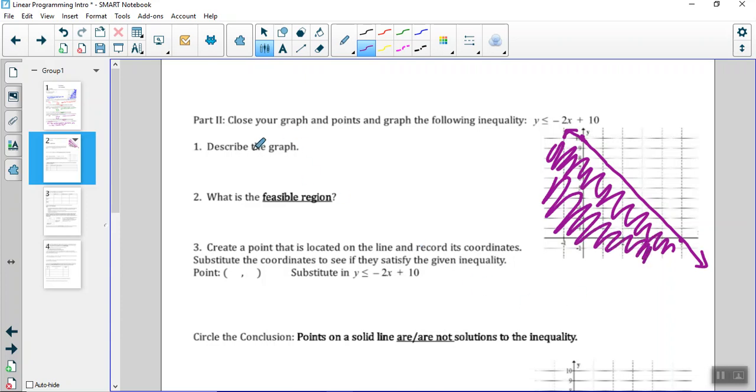Okay, so to describe the graph, I could say that it had a solid line and that the shading was below the line.